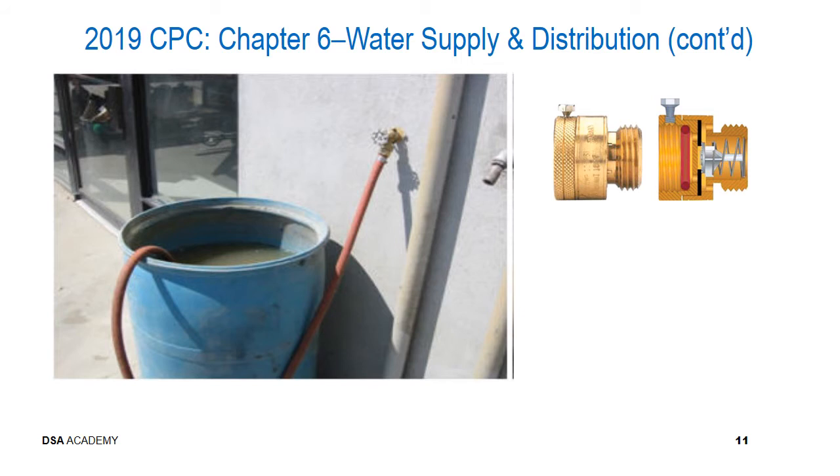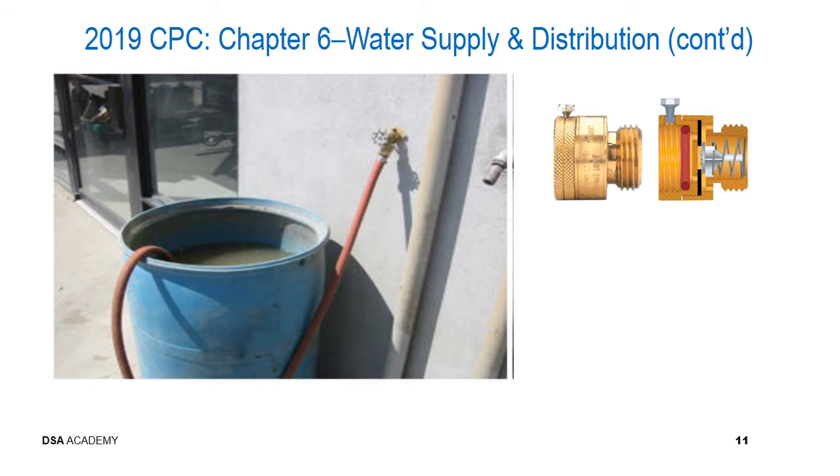And again, this is addressed in table 603.2. This image on the right basically shows just the vacuum breaker itself with a cutaway view, showing a very small, spring-loaded diaphragm inside that is meant to prevent backflow of the hose water.